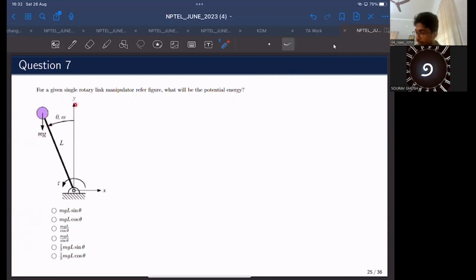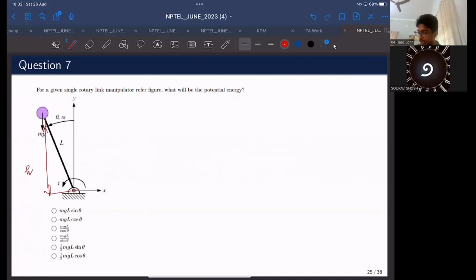This is the y component. If this is the x component, potential energy would be the elevation of this ball with respect to the common datum. If we consider this to be the datum, potential energy would be mg times the height. What will be this h?